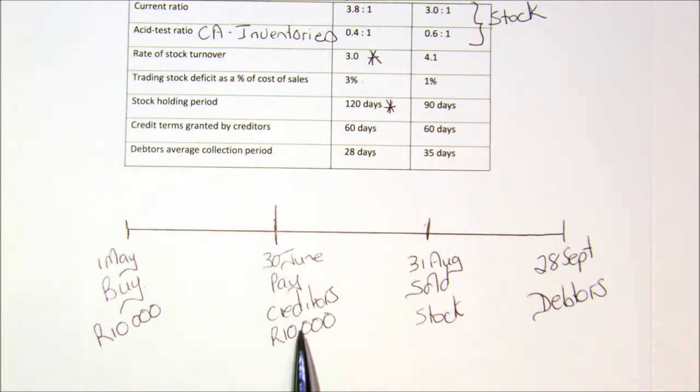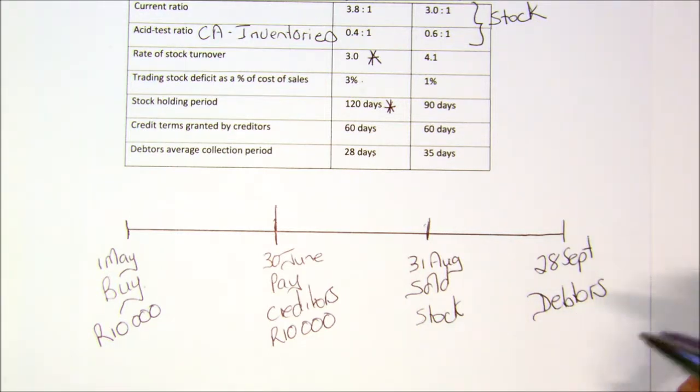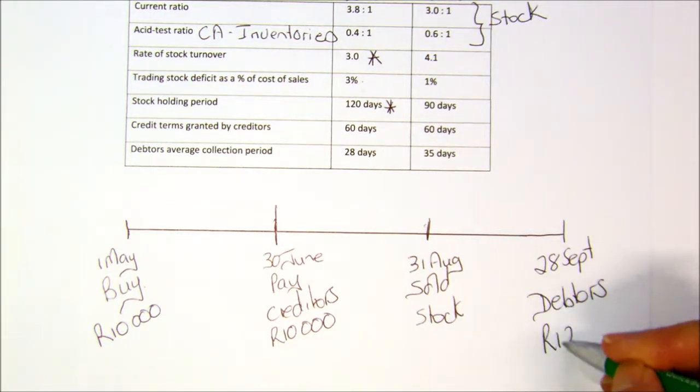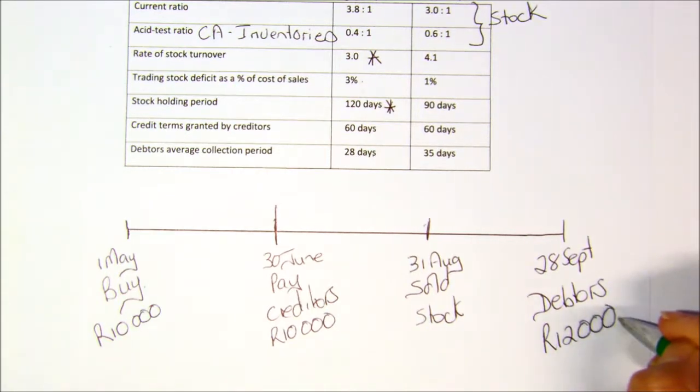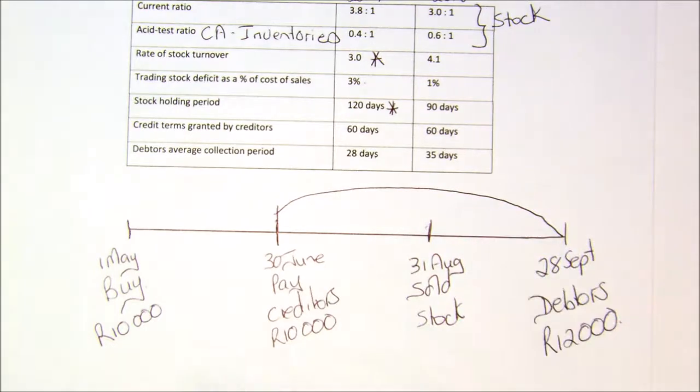There's still all this stock that is going to take right up to here before you will collect it. Now, obviously, you're going to sell it at a profit. So let's say you get 12,000 in here. The problem is that this period of time here, you don't have that money to pay off. So you are going to have to fund it yourself.